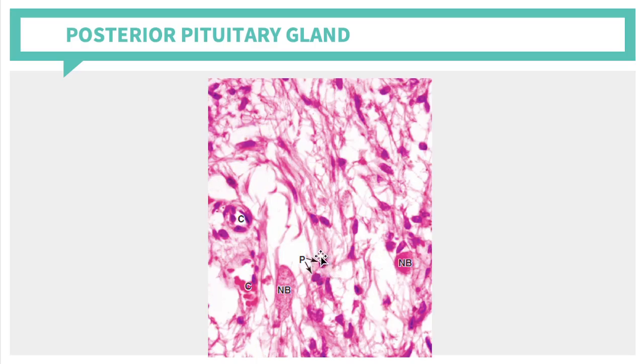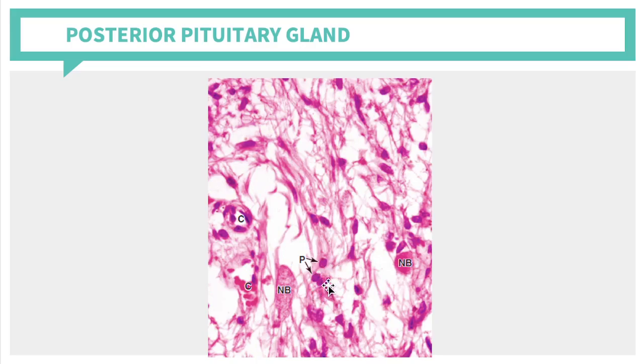This portion here, letter P, these are your pituicytes. These are the most numerous cells present in your posterior pituitary gland. So again, when I ask, what is the most numerous cell present in your posterior pituitary gland? Your answer must be your pituicytes. Very good.